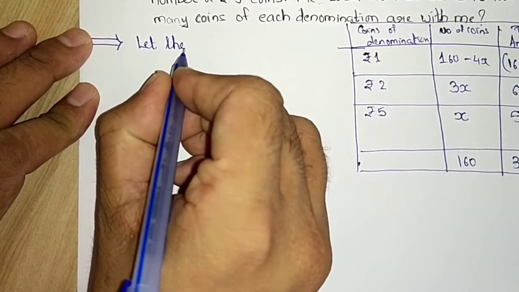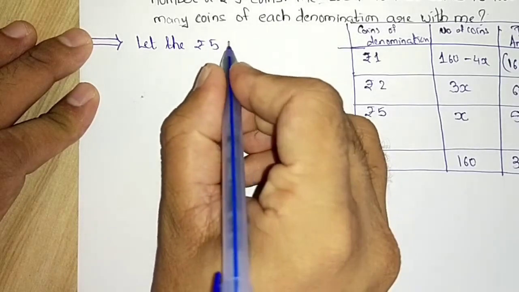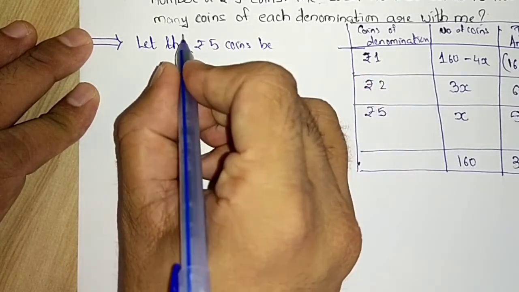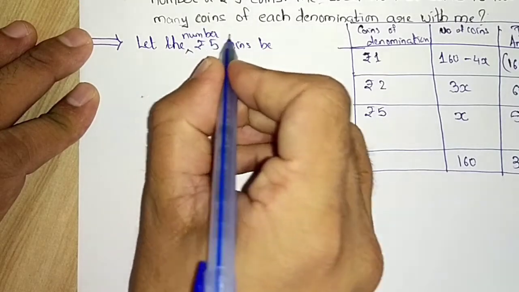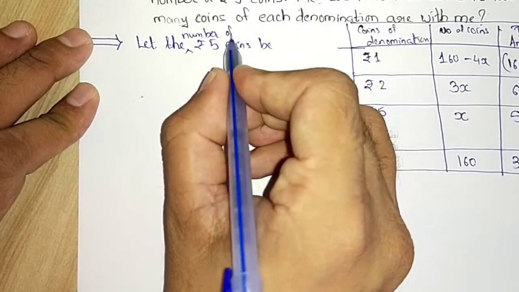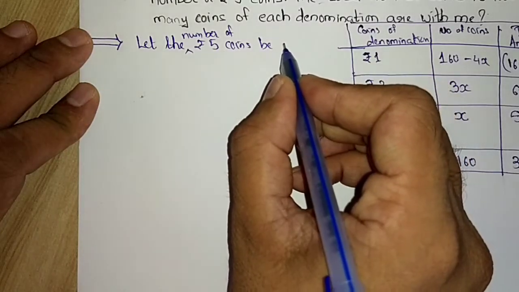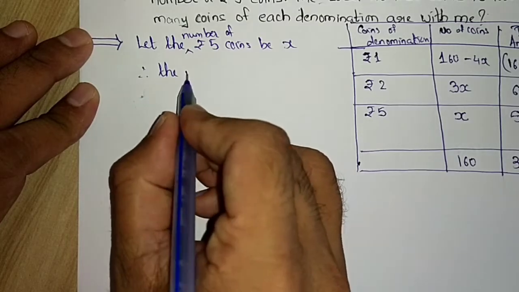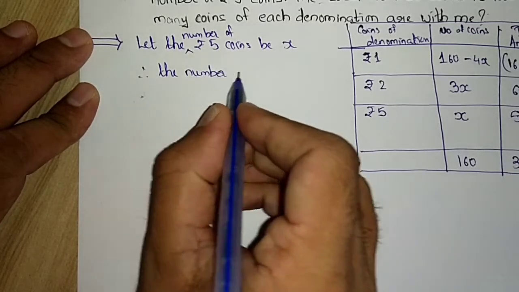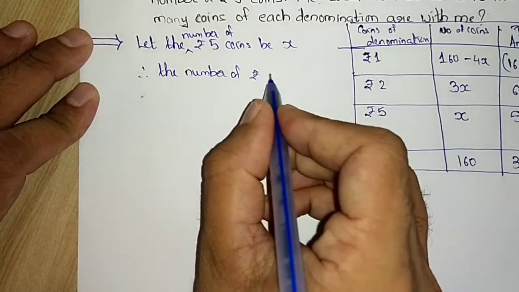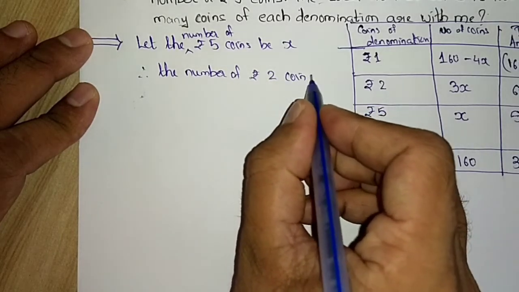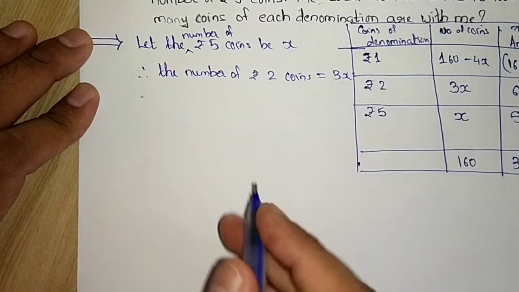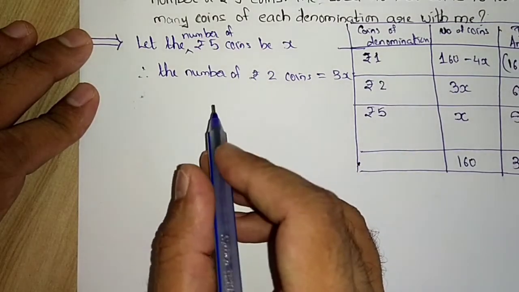Let the number of rupees 5 coins be x. Therefore, the number of rupees 2 coins is equal to 3x according to the question, because they have told us it will be 3 times the 5.